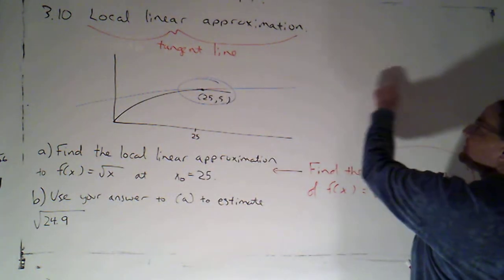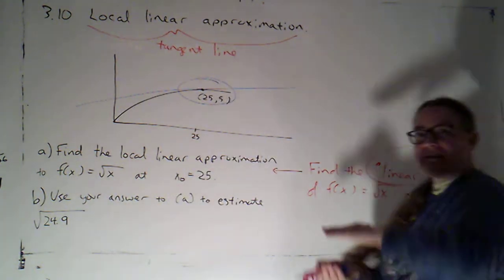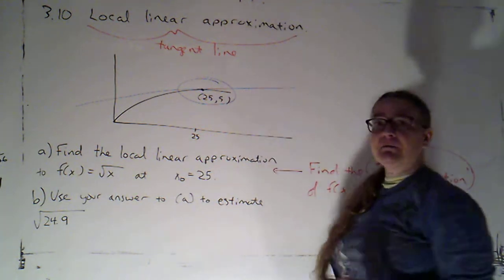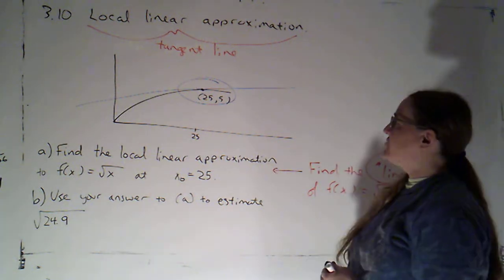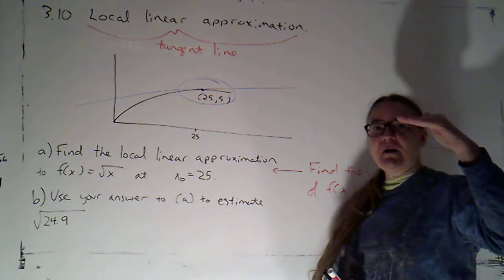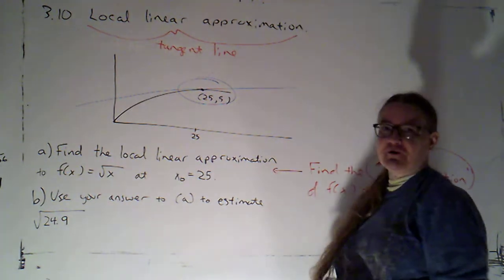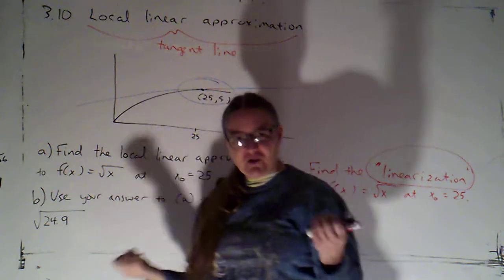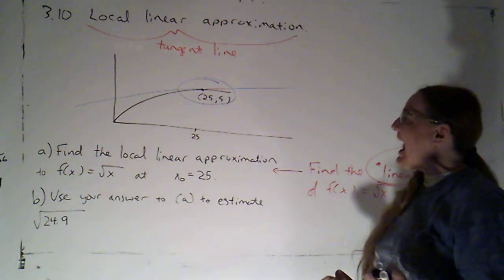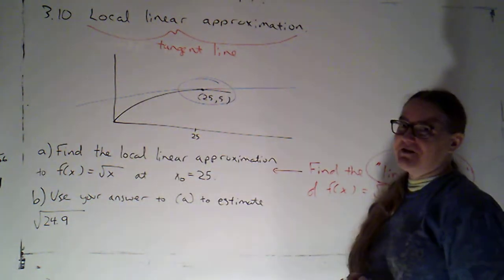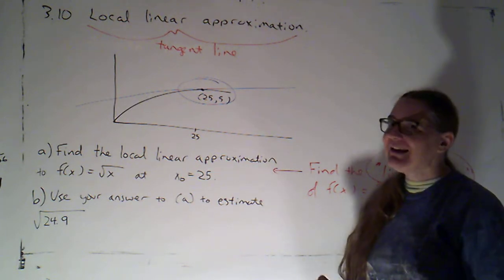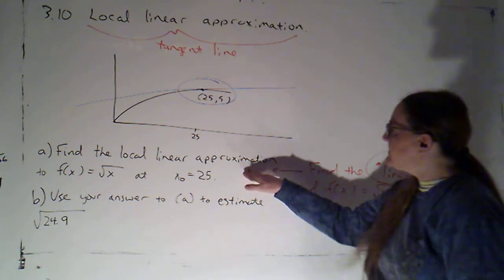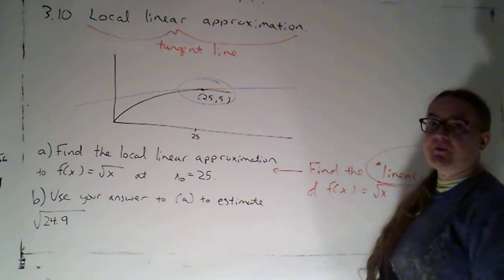And if I go too far to the right, this line is going to end up being really high up above the graph of the square root function because the line doesn't change how steep it is, but the square root function gets less steep the further we move to the right. So it's the local linear approximation. It does a good job of approximating the function at and near the point of tangency. But if we go too far away, it ceases to do a good job. Okay, so that explains why we call it the local linear approximation.